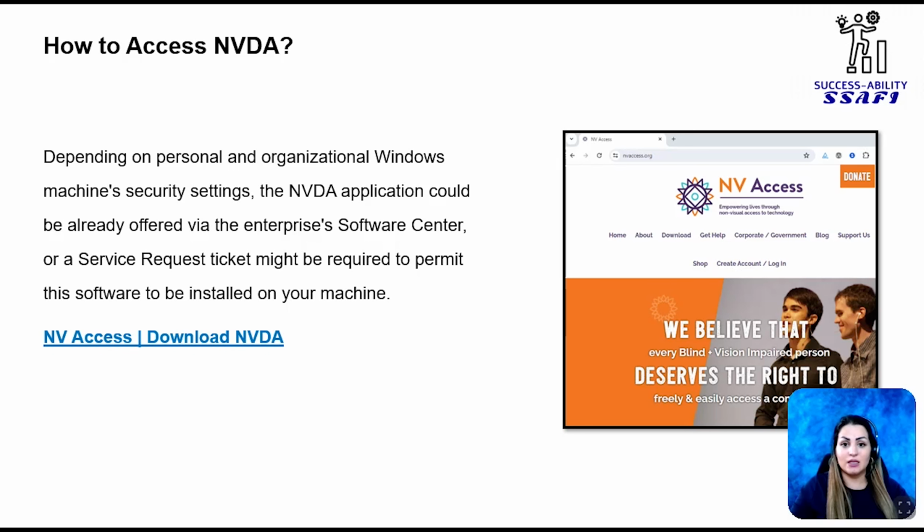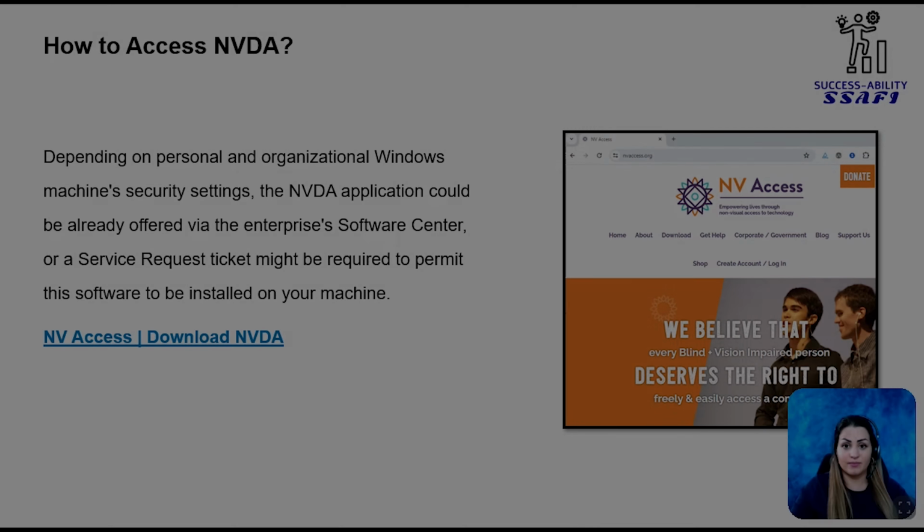In any case, the NVDA software can be downloaded from the NV Access website. And as we said, even if on your personal machine you do not have permission to run it with administrator privilege, you are still able to run the portable version.